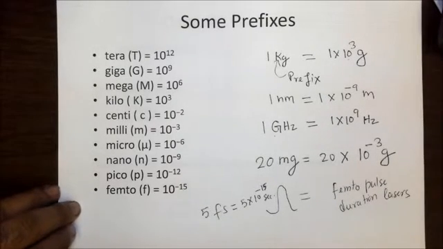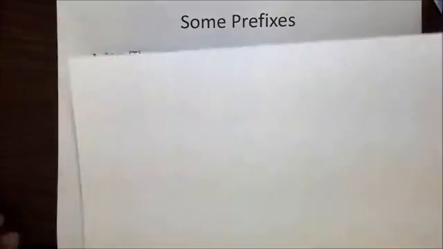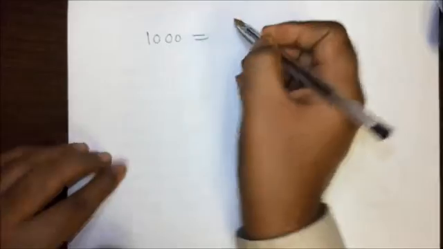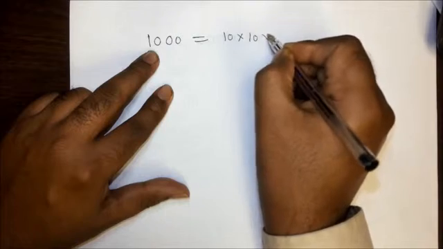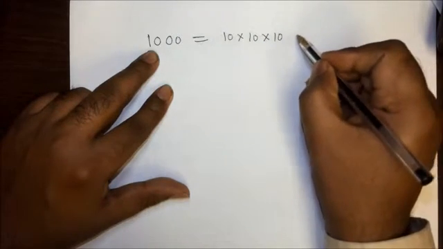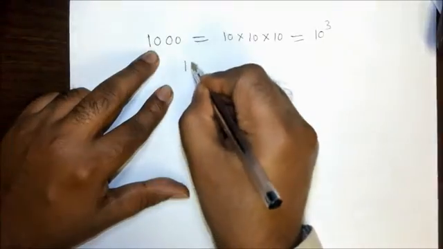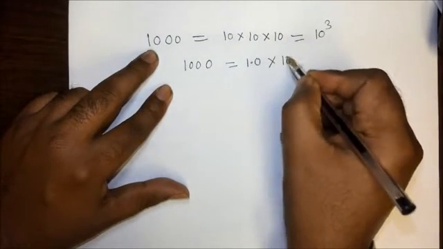Now the next thing you see is the scientific way of writing numbers. Let me explain this. Like if you have 1000, you can write this as 10 times 10 times 10. What does it mean? It means 10 to the power 3. So 1000 can be written as 1.0 times 10 to the power 3.